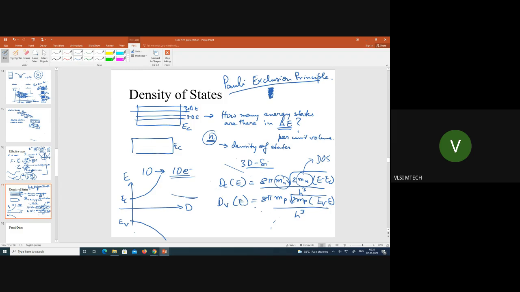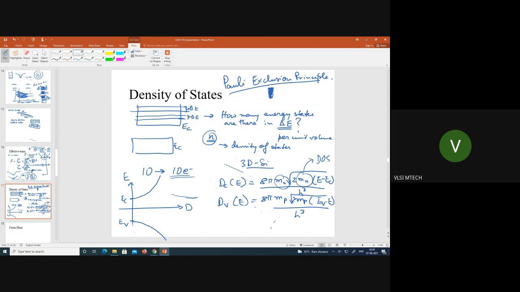Imagine these states have a degeneracy, so it can have multiple electrons, but that number is fixed. One state accommodates one spin up, one spin down electron, something like that. But it can't go more than that.